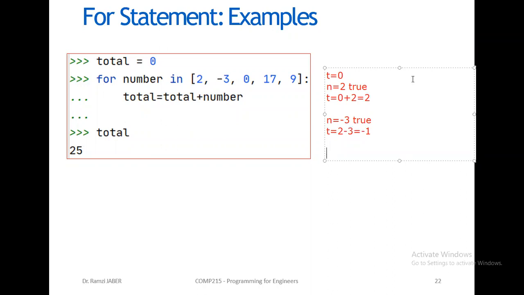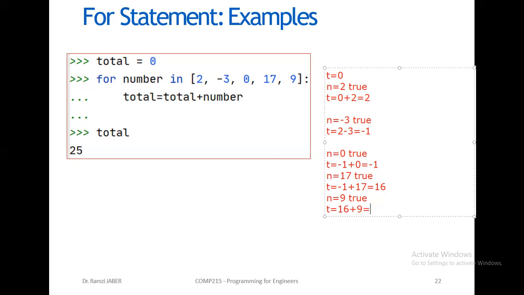Any question for this tracing? Is this tracing that I'm doing clear? Clear for everyone? Does anyone have a question? Yes doctor, it's clear. Perfect. Now the new n, what should it be? Help me. It will be 0, within the list, yes. Okay, 0 belongs to this list or array, yes. So make new t equal old t, which was minus 1, plus 0, stays minus 1. Then go to the next step, n equals 17, true, still in the list. New t equals old t, minus 1, plus 17, equals 16. And again n equals 9, true, still in the list. So new t equals old t, 16, plus 9, equals 25.